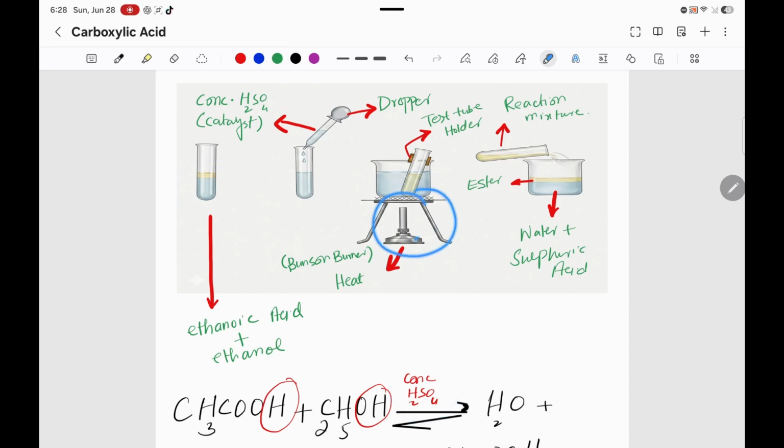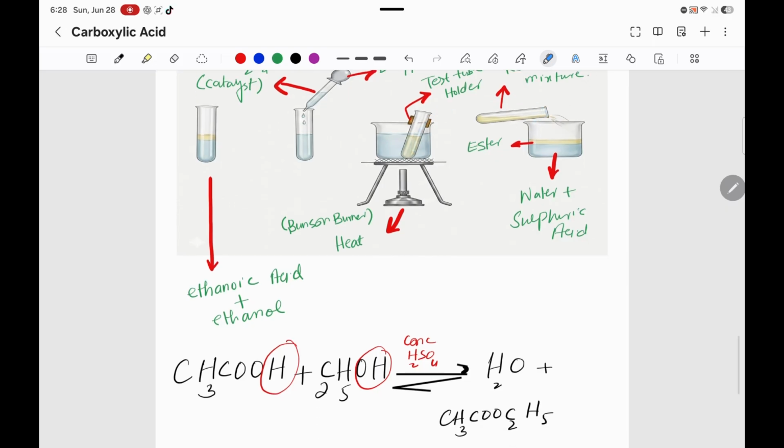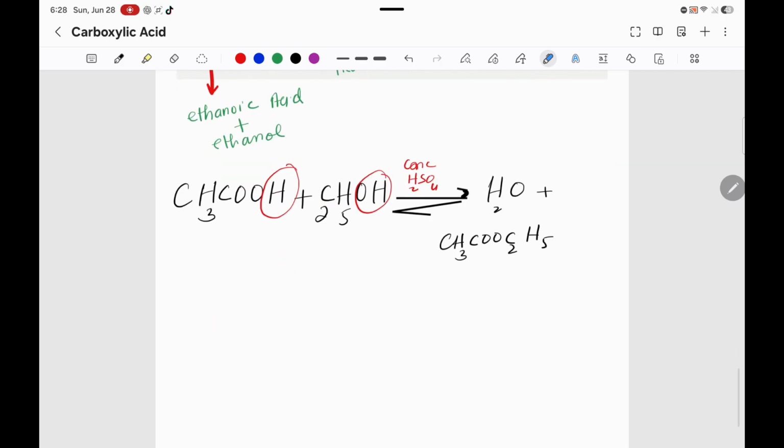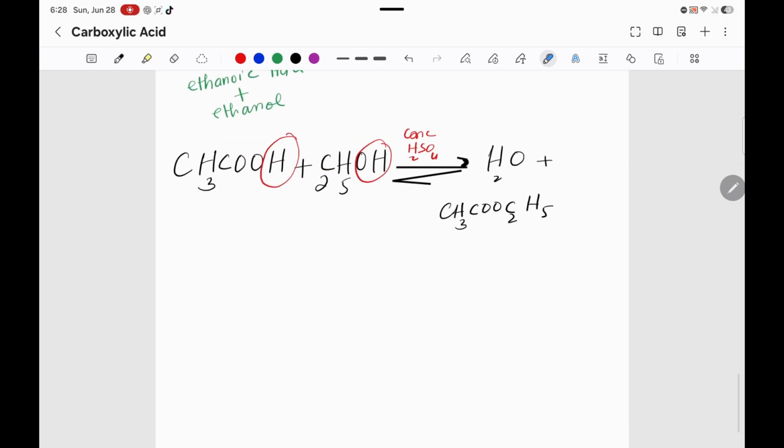Then we heat it for some time. And the remaining mixture was then put into a beaker. Ester was collected at the top of the beaker, and water and the catalyst were collected at the bottom of the beaker.